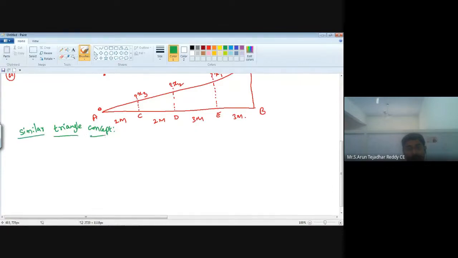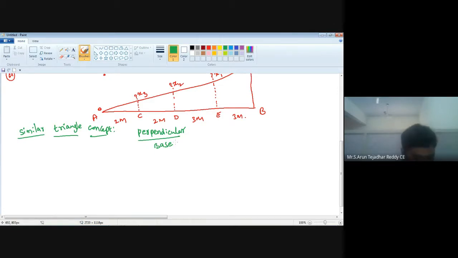Then we can calculate the x1, x2, x3 values. Generally, what is the similar triangle concept formula? In a triangle, perpendicular by base. So this is your similar triangle concept formula.